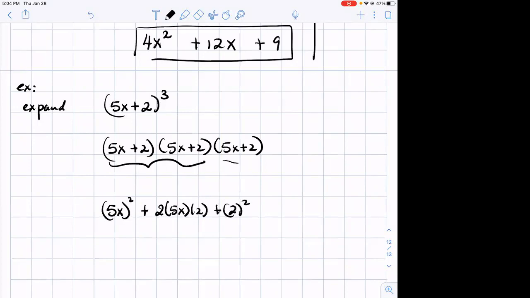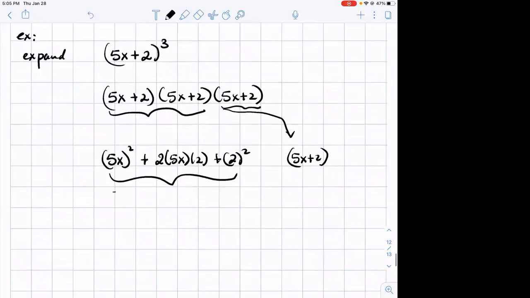We didn't touch this part here yet. If you simplify, because this is 5x times 5x, we have 25x squared, plus 2 times 5 is 10x, plus 2 becomes plus 20x, plus 4.